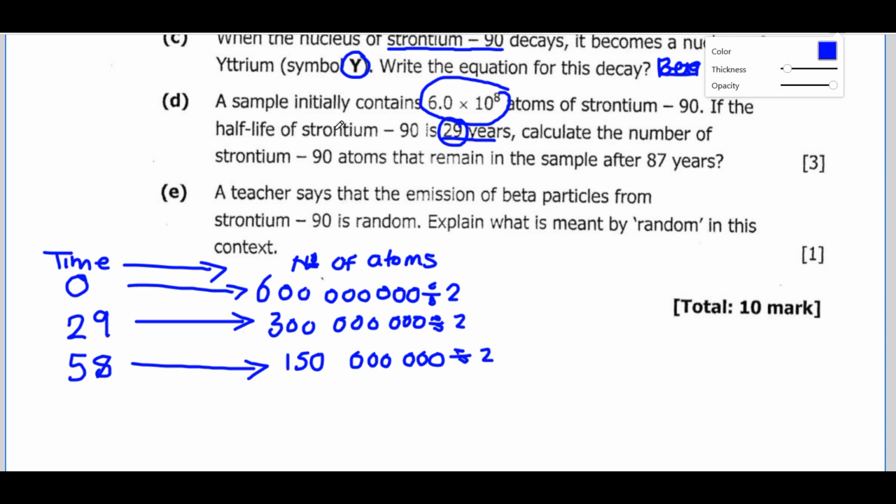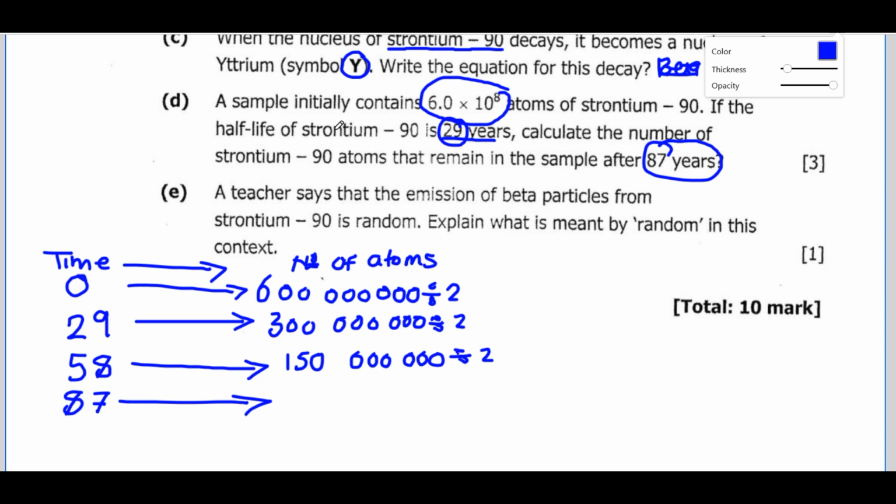Then let's say 58 plus 29. If we do some calculations here, we are going to have 87, which is the actual number. So you need to end according to the number given.